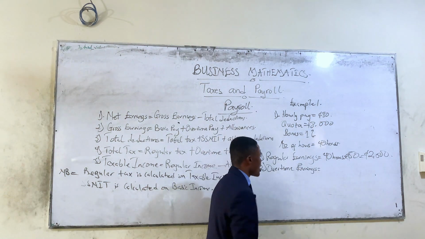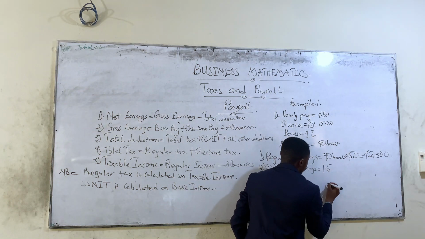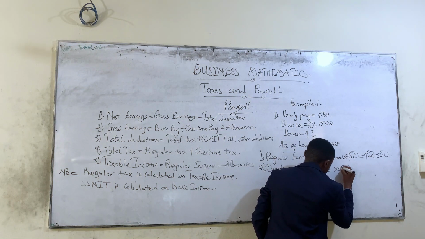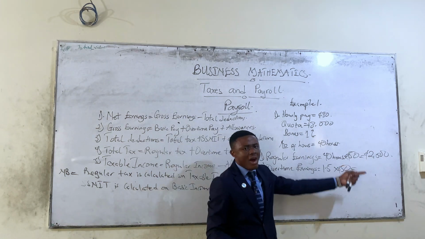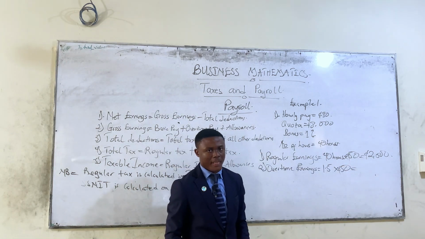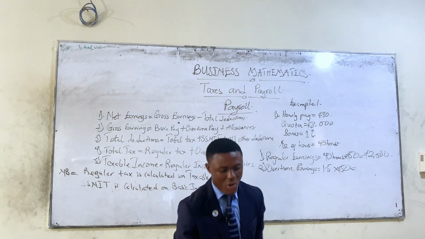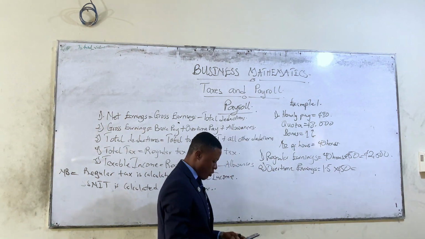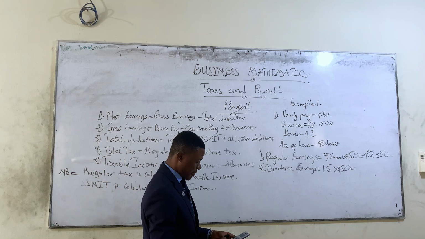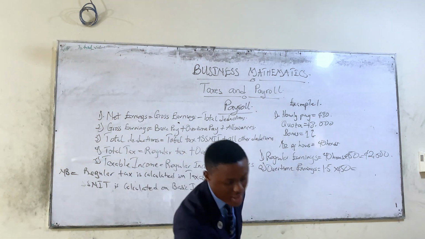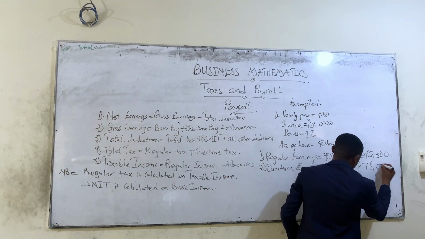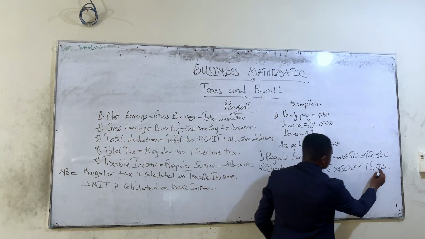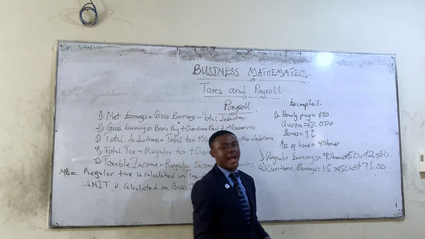When you multiply 1.5 by 50 cedis, you are earning 75 cedis per hour if you worked overtime.